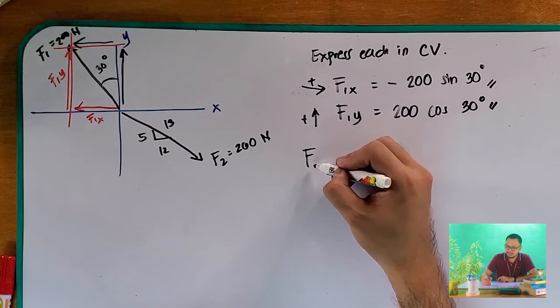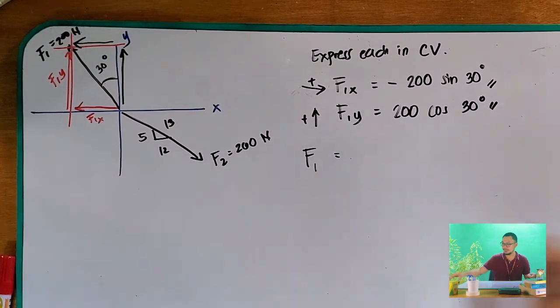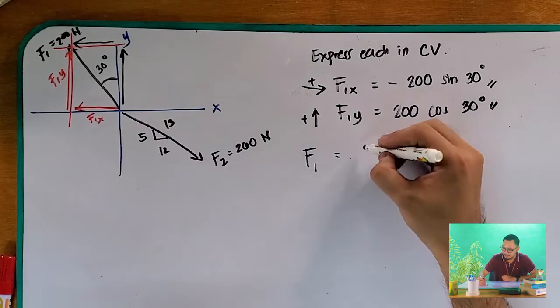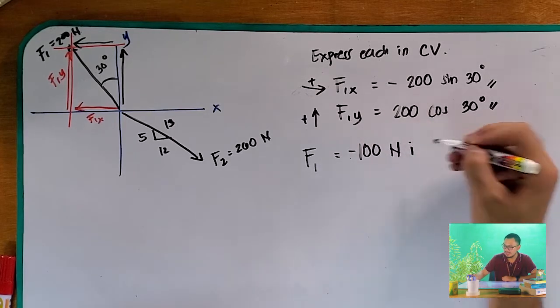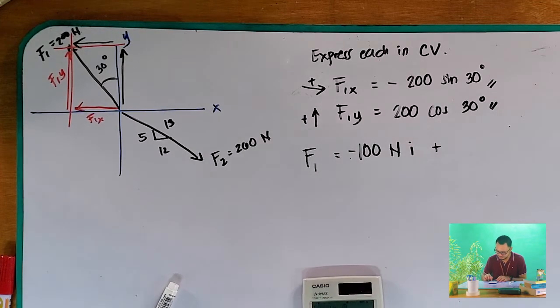Okay? So therefore, ang imong Cartesian vector notation aning atong F1 is just pila man lang 200 sine 30. This is negative 100 newtons I, and then plus 200 cosine 30.